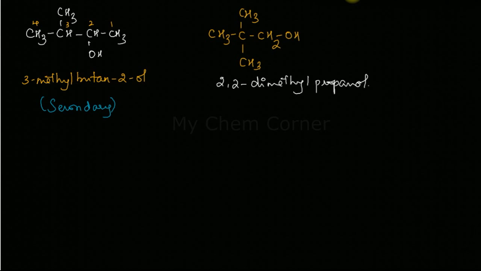Then OH is bonded to a carbon with 2 hydrogens. This is primary. So this way, you have to just follow the basic concept in order to identify primary, secondary and tertiary. Once you get a hang of how to answer that, then it's easy for you to answer these kinds of questions. Alright.